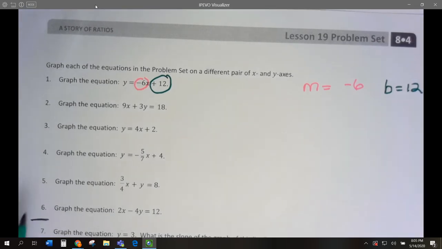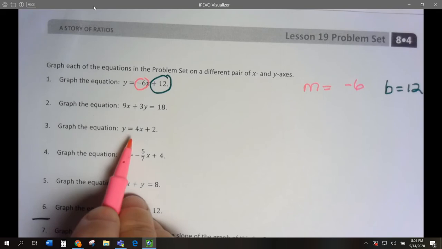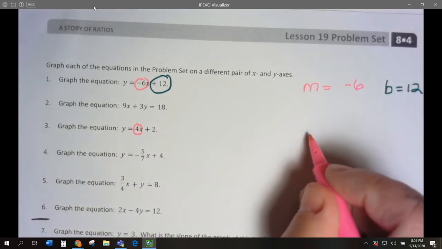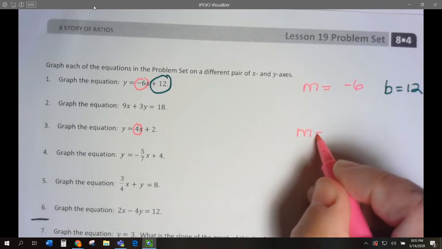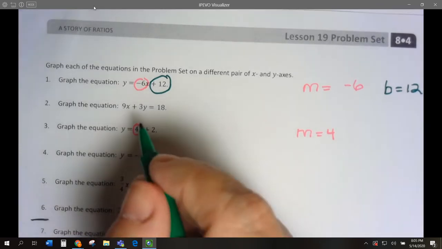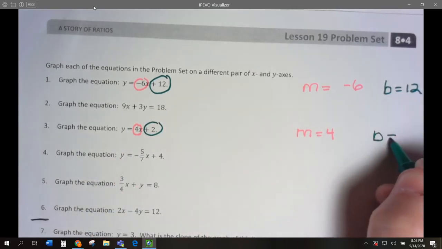Let's get down to number 3 because that's also already in slope-intercept form. So for number 3, what's our slope? 4. So M is going to equal 4. And our y-intercept is 2. B will equal 2.